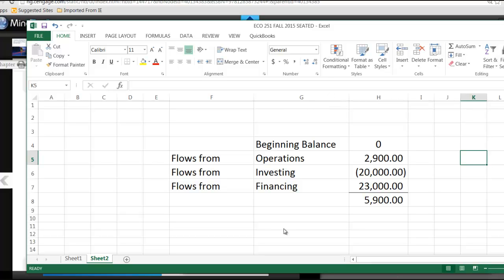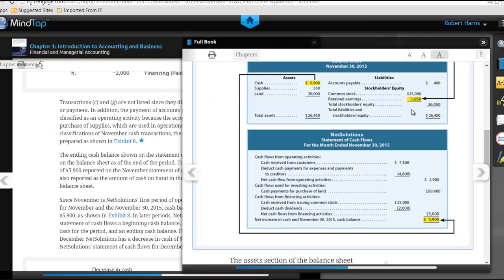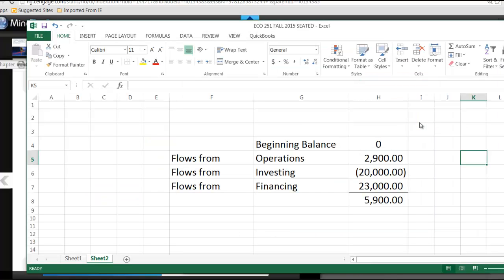I know that sometimes when you look at all the details on the screen, it can get pretty overwhelming, and this form is kind of confusing to follow. But this is the gist of what's going on, and my concern is more that you understand the mechanics than the way things are plotted out and formatted on a sheet of paper. So the beginning balance is 0 because this is the very first month that we've been in business.